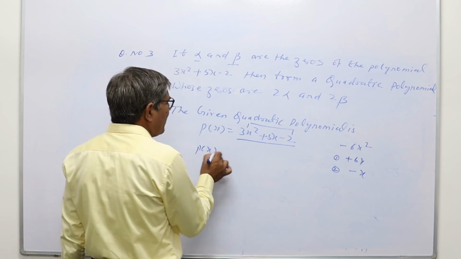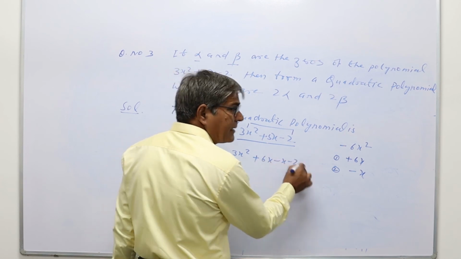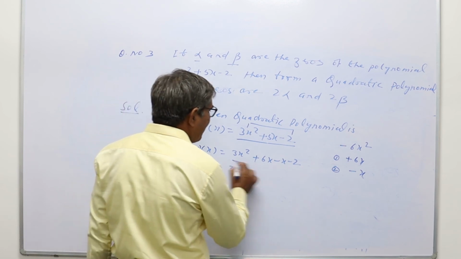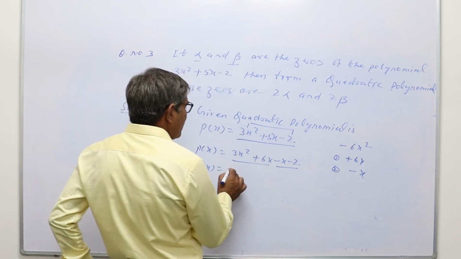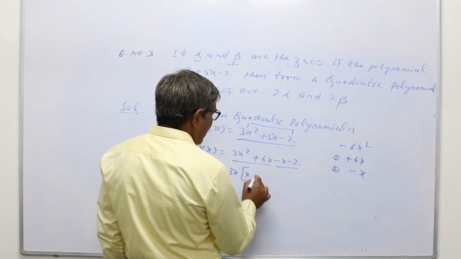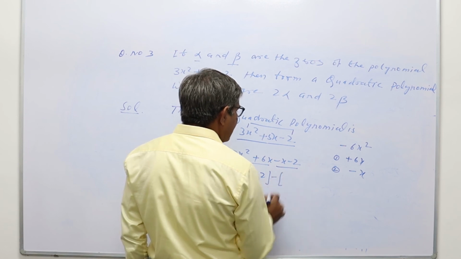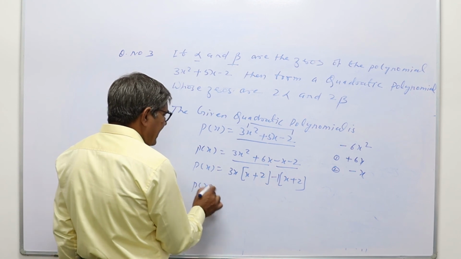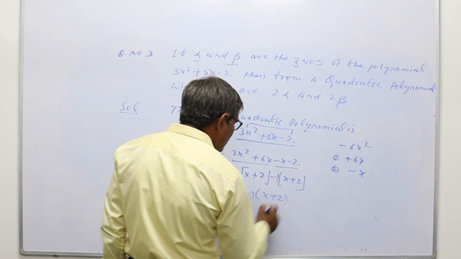So P(x) will be equal to 3x square plus 6x minus x minus 2. This implies that P(x) will be equal to 3x square plus 6x taken together and minus x minus 2 together. So taking 3x as common, 3x(x plus 2), taking minus 1 as common, minus 1(x plus 2). So the required factors are (3x minus 1)(x plus 2).